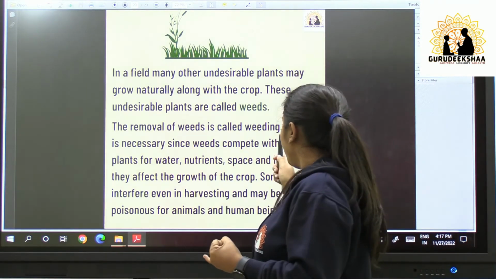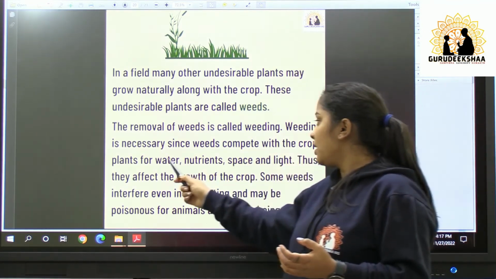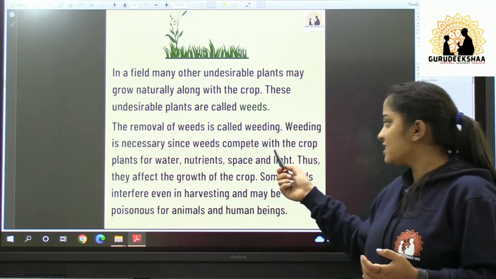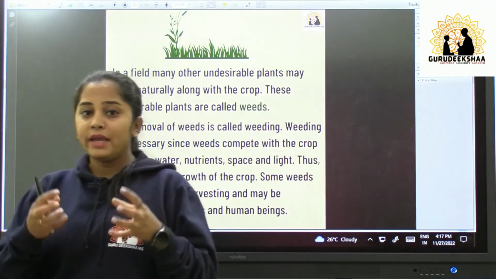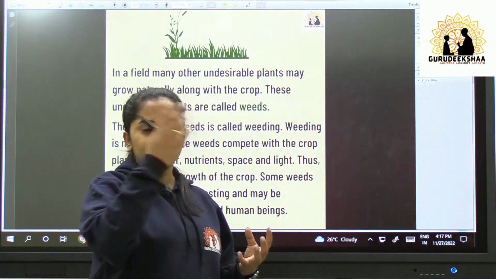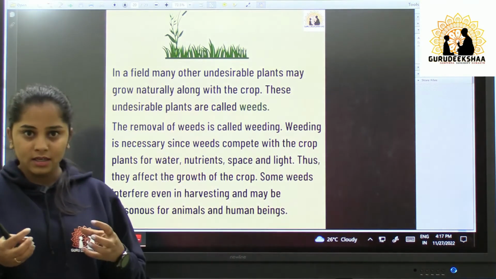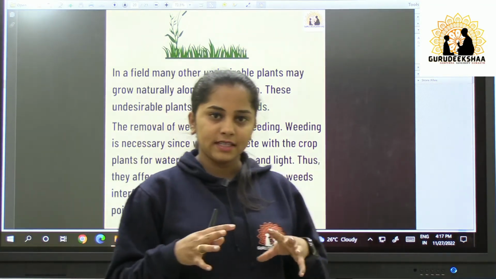So the removal of weeds has to be done, since weeds compete with the plants for water, nutrients, space and light. The sunlight has to fall directly on the main crop. If this unwanted plant shades the main plant, the sunlight will not fall on the main crop. Again, it is affecting the crop.